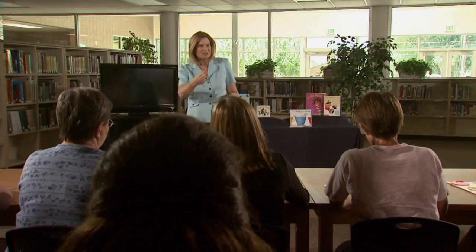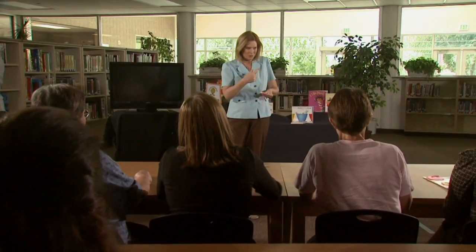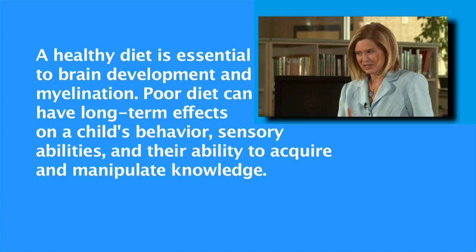This fatty acid comes from the breast milk or the formula, so nutrition for a baby is very important. Right now I'm seeing a lot of advertisements for brain food, as this particular food has the source to help with brain development. That's this myelination. So a healthy diet is very important for brain development.